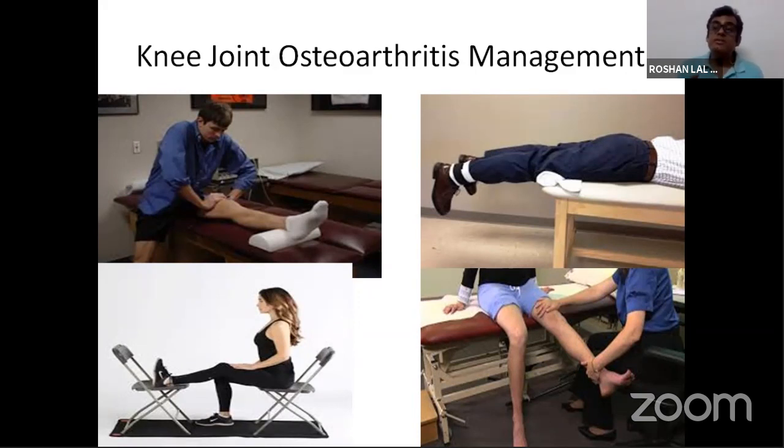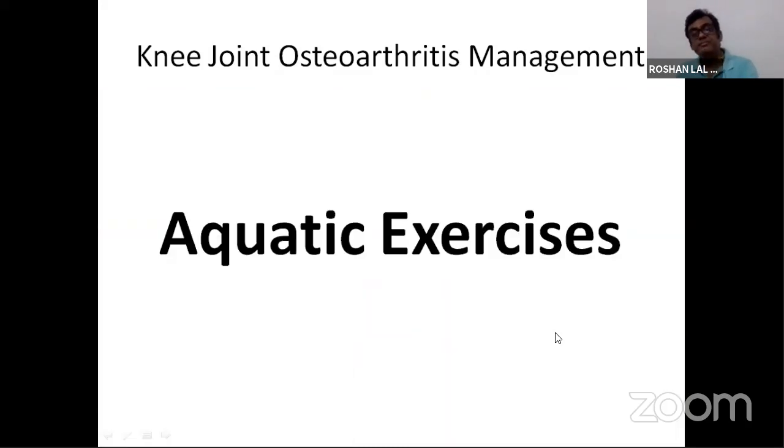So terminal extension is limited, number one, because there is reduced lateral rotation of the tibia. And because of this, when the patient avoids the terminal extension, there is shortening of the posterior joint capsule. And this shortening will limit the terminal extension. So stress the posterior joint capsule.